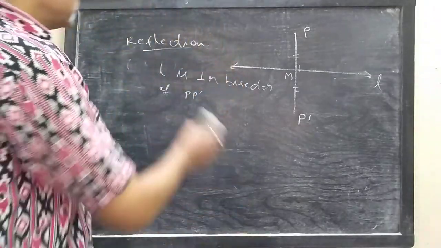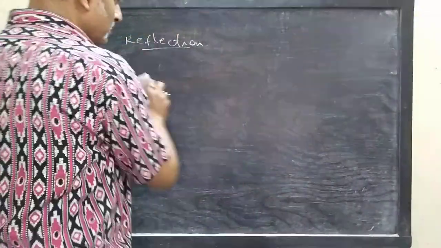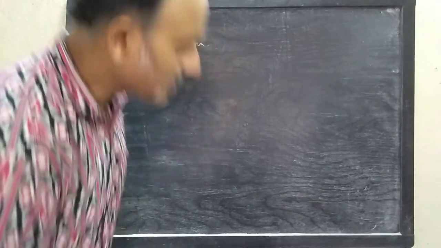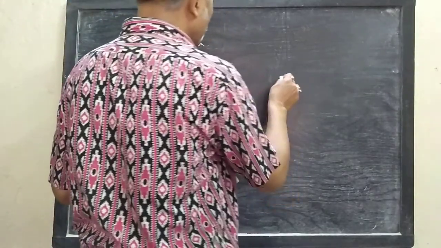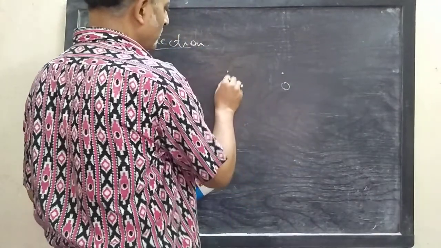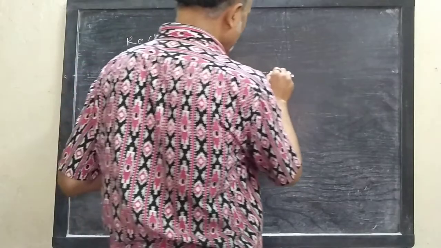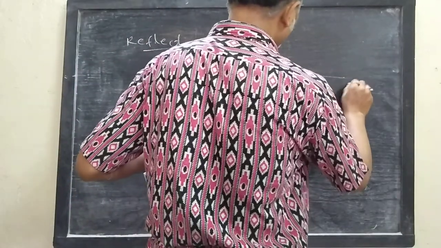And similarly, reflection of a point in a point will be defined in this way. Suppose this is a point O, and this is a point P. If P is reflected in the point O, then its image will be formed at P dash.